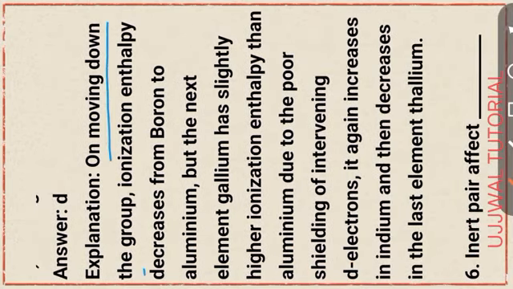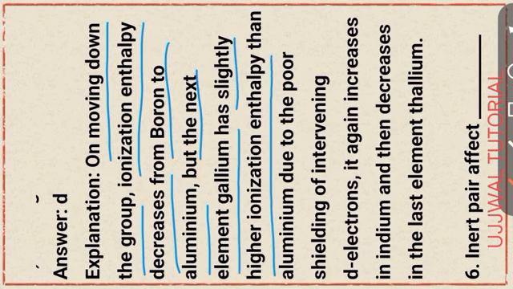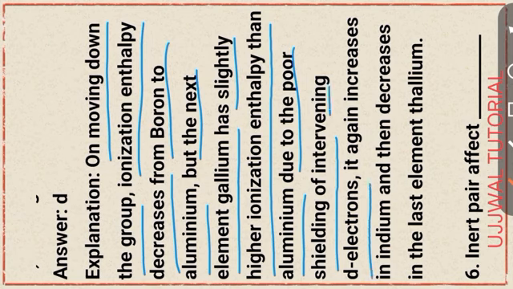On moving down the group, ionization enthalpy decreases from boron to aluminium, but the next element, gallium, has slightly higher ionization enthalpy than aluminium due to the poor shielding effect of the intervening d orbital, that is d electrons. It again increases in indium and then decreases in the last element, thallium.